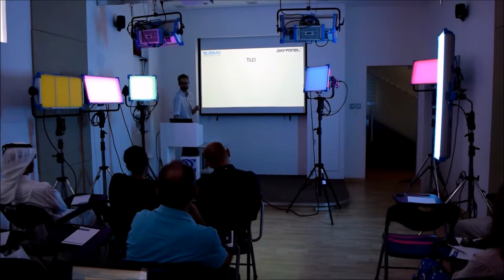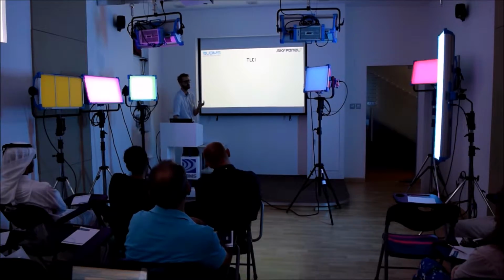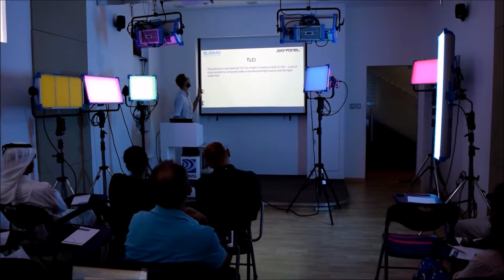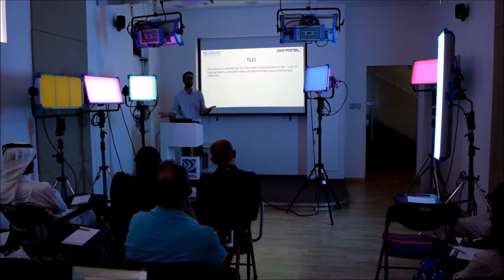So we'll take a quick look at TLCI. TLCI is a similar type of measurement, a similar type of comparison, but there's a key difference. The process to calculate the TLCI for a light is similar to that for CRI, in that, again, it's a set of color samples compared under a standardized perfect light source, and then whatever light you're testing.